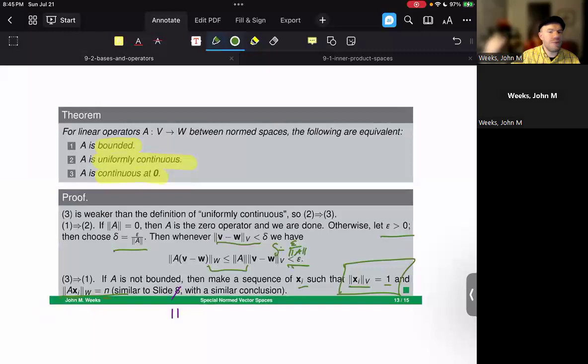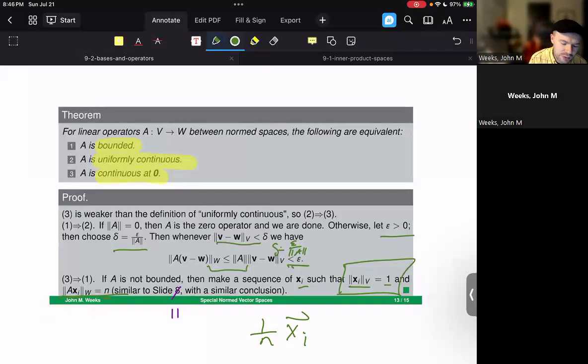And then we do the same thing that we did in that example, which is we take a look at the sequence of 1 over n times the vector x sub i. That is something that in norm, the x values converge to 0, but when you map them through the linear operator, their values are always going to be equal to 1.